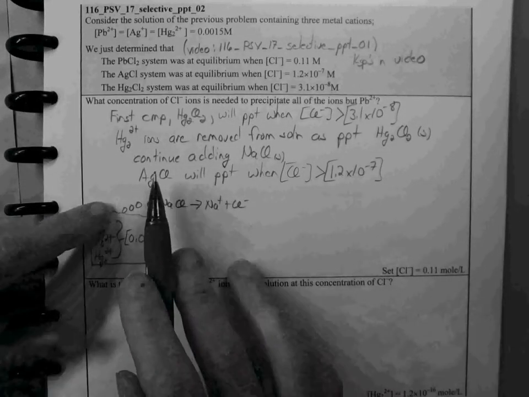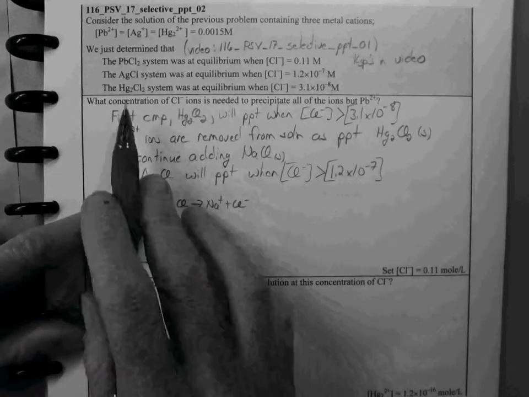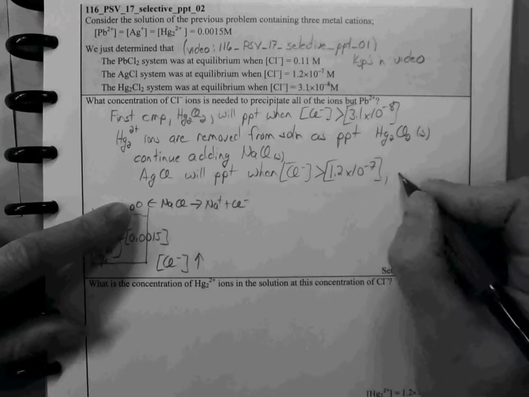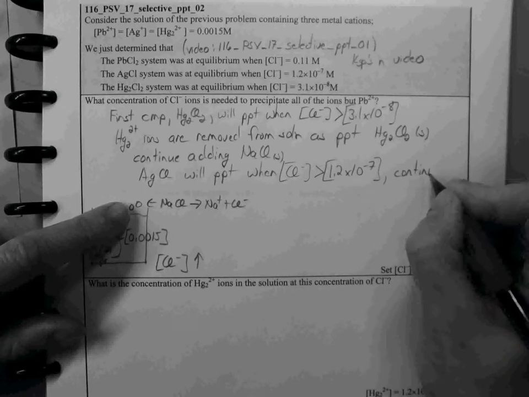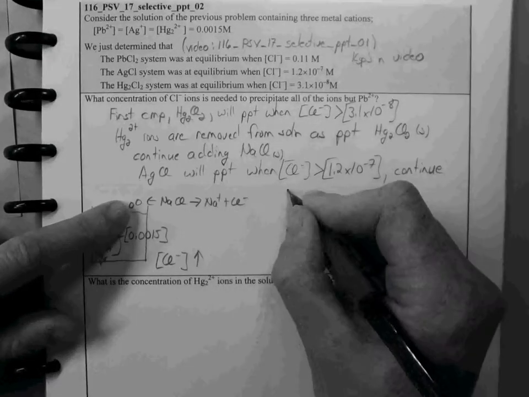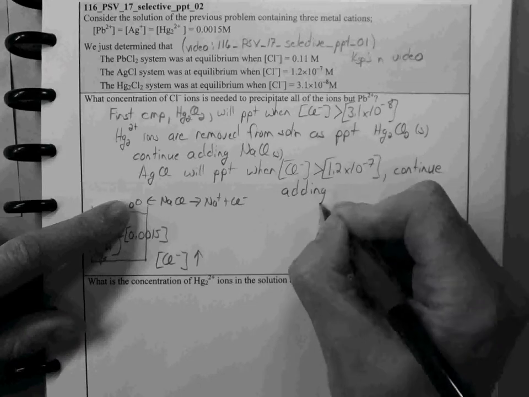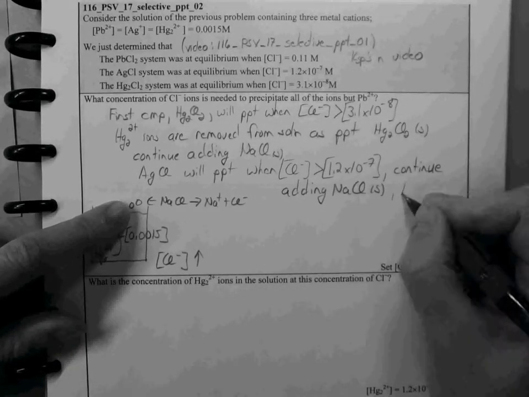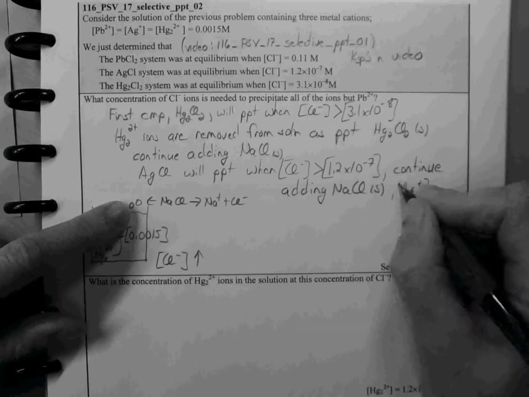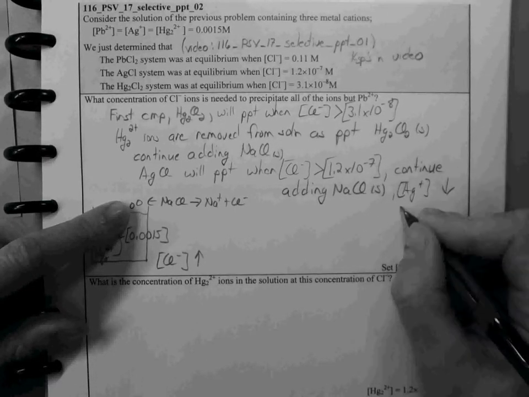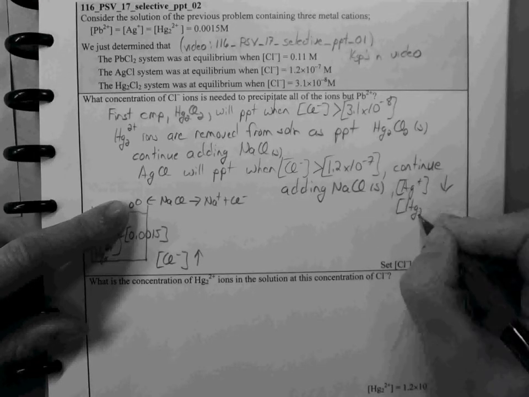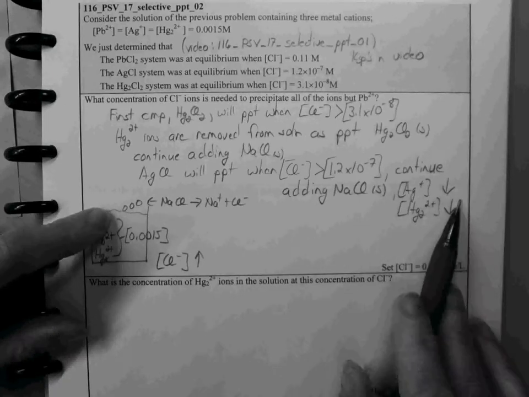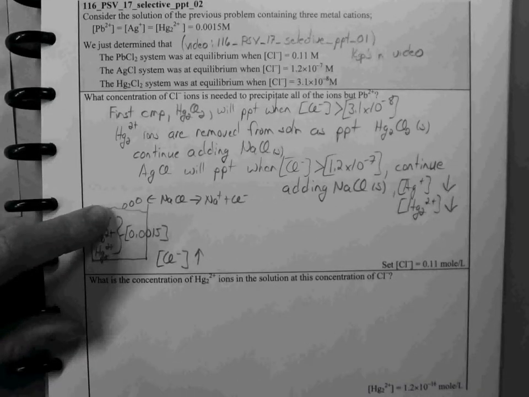Okay, but we want to precipitate out the silver chloride as well as the mercury 1 chloride, so we continue adding our sodium chloride. Okay, so the Ag plus ion concentration is decreasing, and the mercury 2 plus ion is decreasing. Both of these are decreasing because both compounds are precipitating at this point.